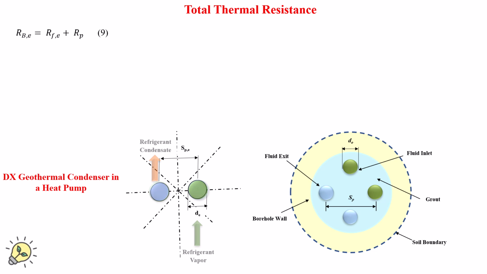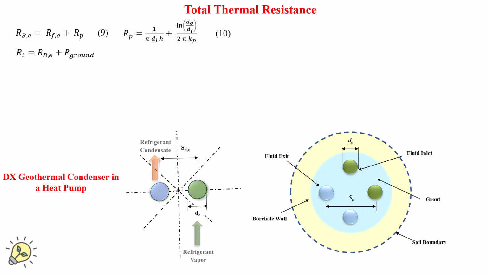R sub B is equal to the summation of two resistances. The first one represents the filling or the grout resistance, and the second is the pipe resistance. The pipe resistance, as we explained before, is composed of two parts. The first one is the convection part, which is related to the condensation of refrigerant inside the tube, and the second part is the conduction through the tube wall.